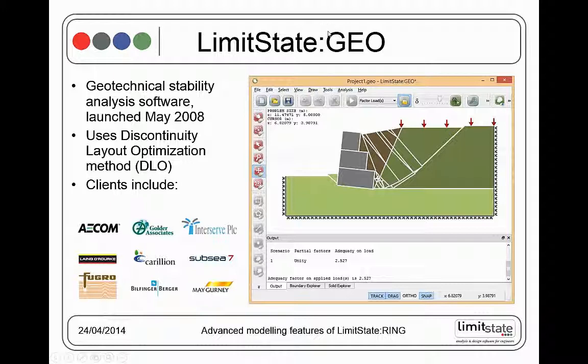In a sense, it extends the functionality of LimitState RING by allowing potential failure planes to form within the soil mass rather than simply at the locations of joints between masonry blocks. And again, the software is used by many major companies around the world.